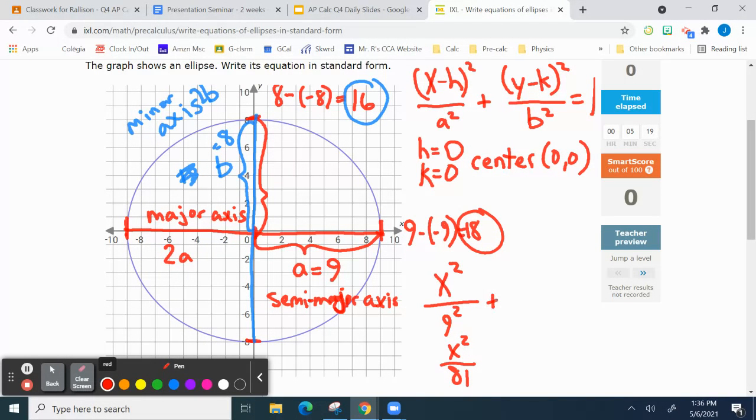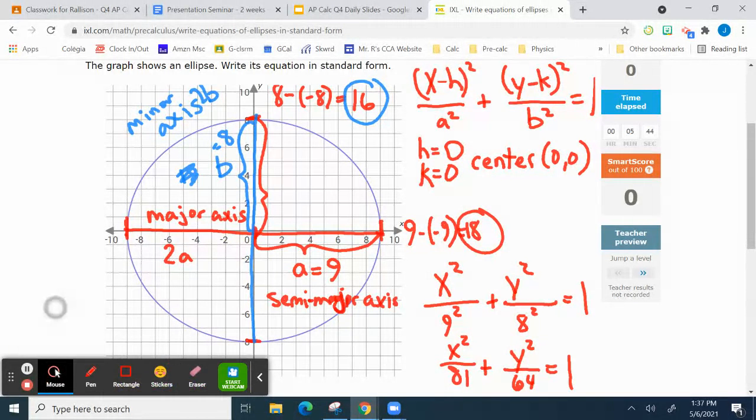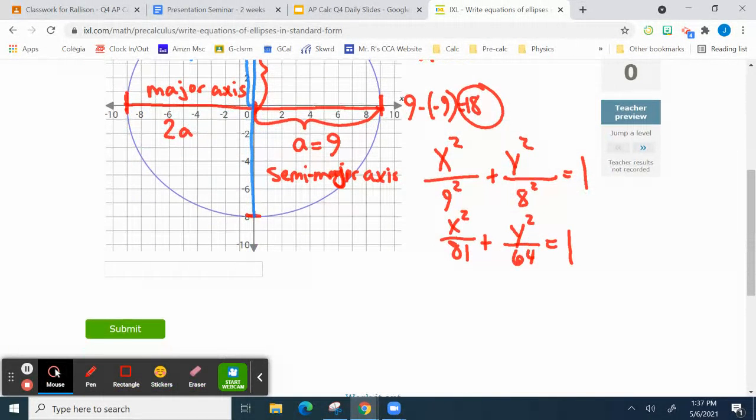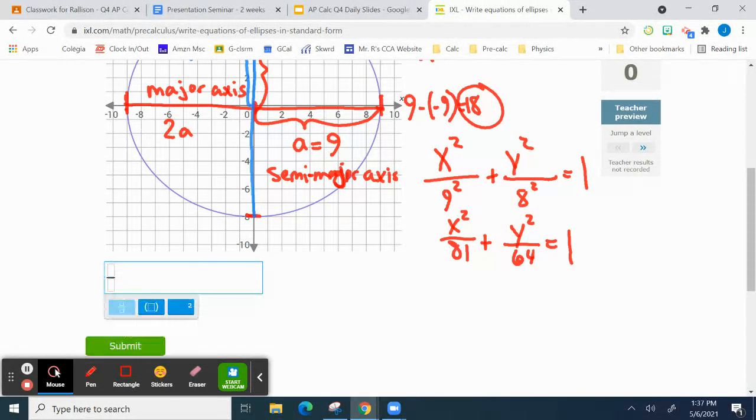Plus, and then k is 0, so we're just going to have the y squared over, and our b distance is 8, so it's going to be over 8 squared equals 1. So it's going to be x squared over 81 plus y squared over 64 equals 1. And that's how you're going to do that. And then typing it in, of course, is a big pain, but it is the pain that cannot be avoided.